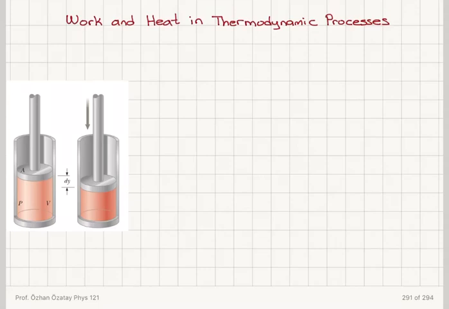In thermodynamics, we classify variables as variables that describe the state of the system, state variables, and variables that describe transfer of energy in and out of the system as transfer variables.